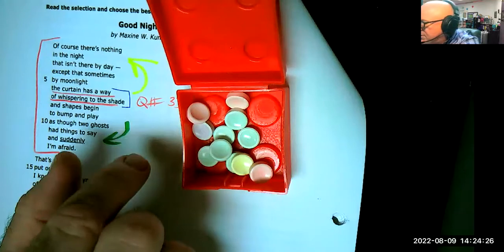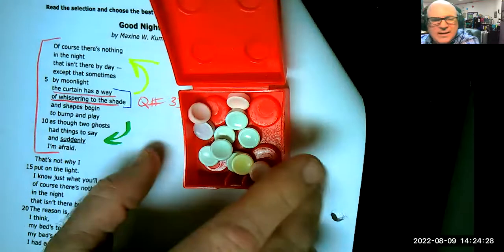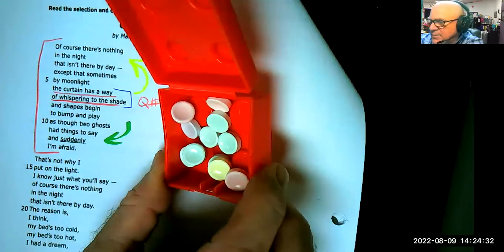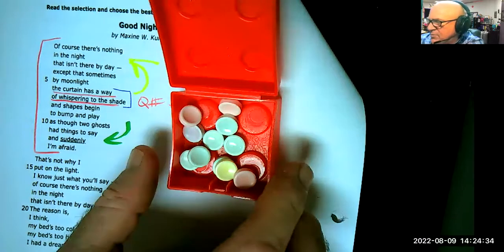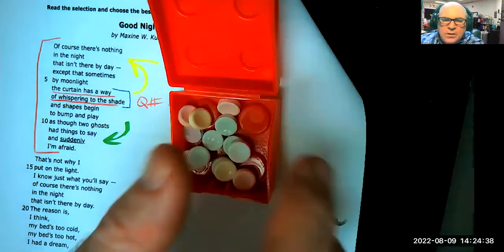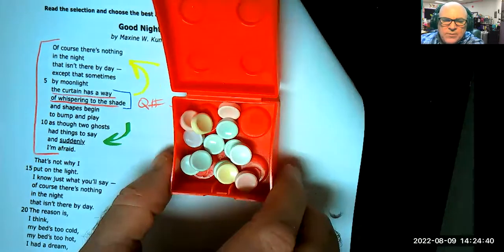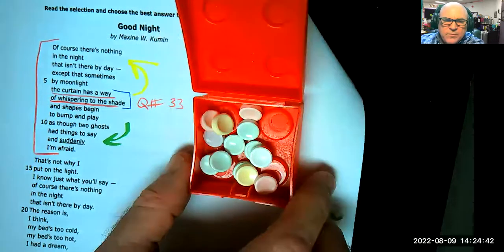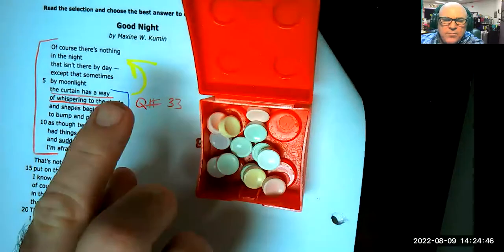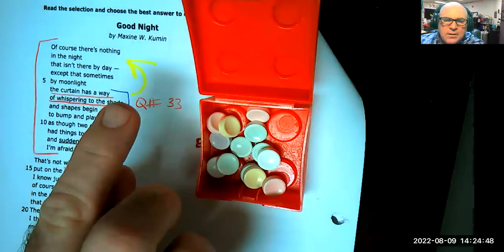1, 2, 3, 4, 5, 6, 7, 8, 9, 10, 11. So I've got to read a couple more. And suddenly, I'm afraid. So the first event, sort of, is him thinking that the curtain and shade are having a conversation.